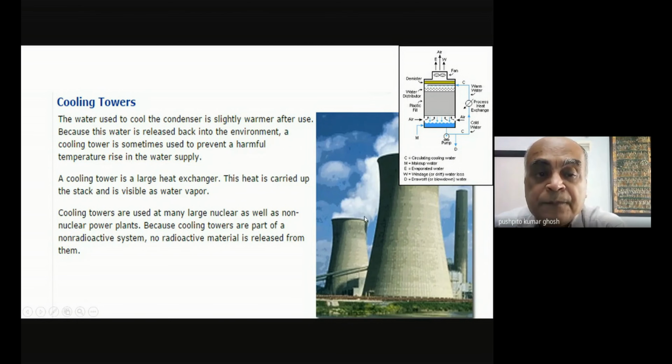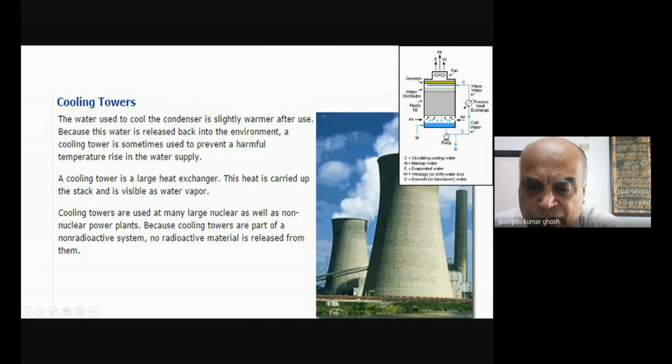Now, typically the way you cool, and this is the kind of principle that you must learn while you are looking at renewable energy sources, is how to do things cleverly. I need to cool my hot water. So it is fed into these huge structures, the cooling towers.